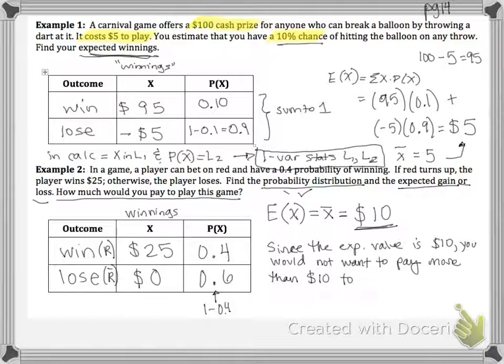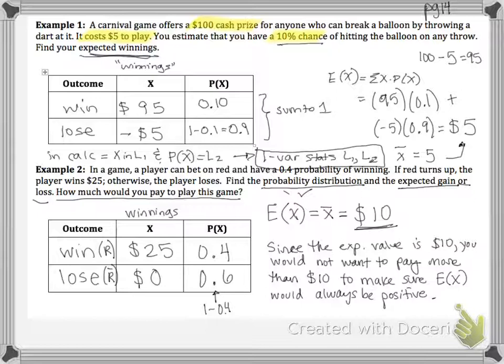And the way I phrase it is to make sure E of X would always be positive. So since the expected value is $10, you wouldn't want to pay more than $10 to make sure we would always have a positive expected value.